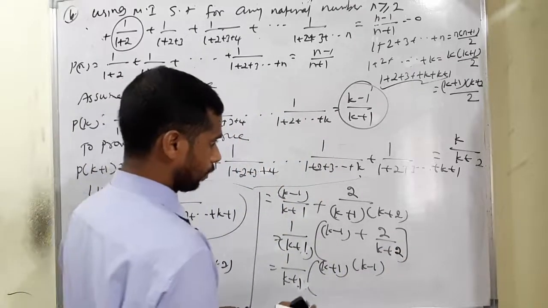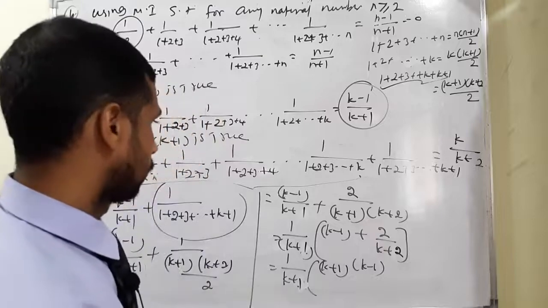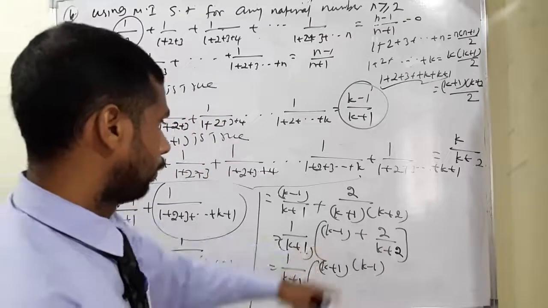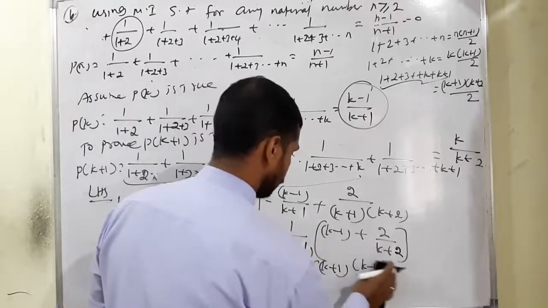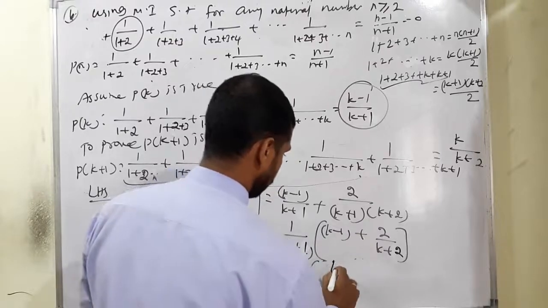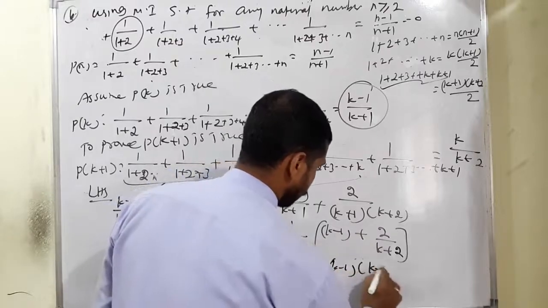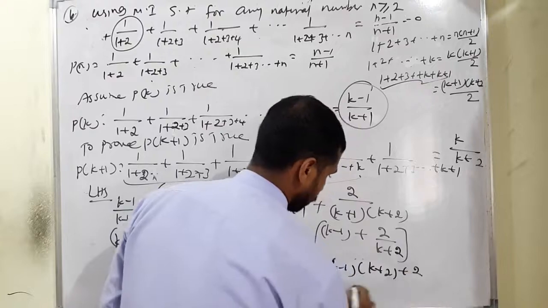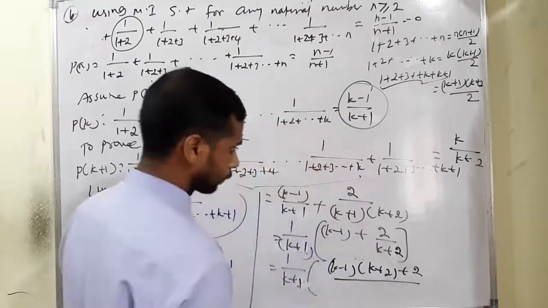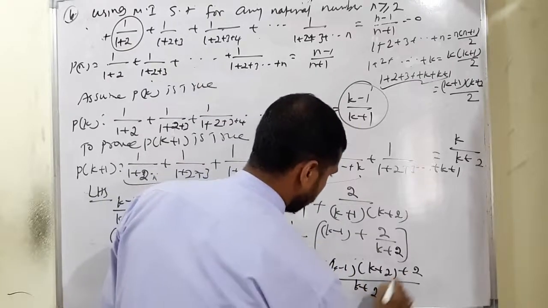Then k minus 1 into k plus 2 divided by k plus 2, isn't it?